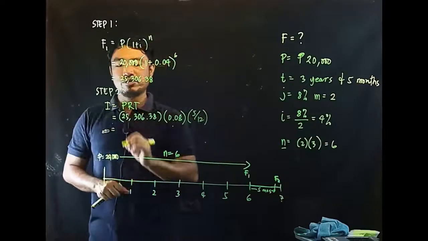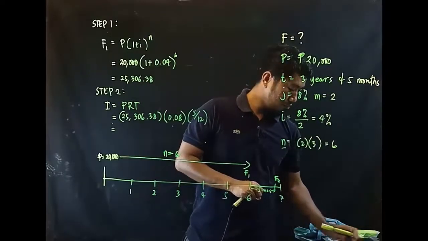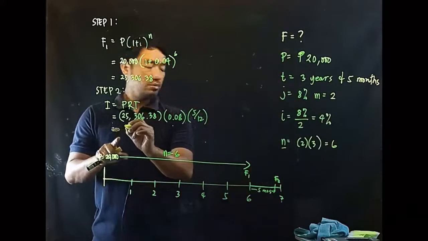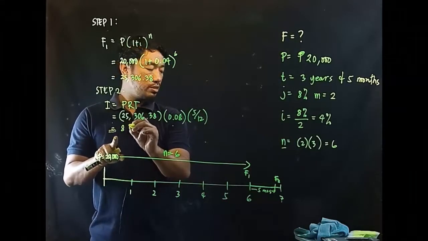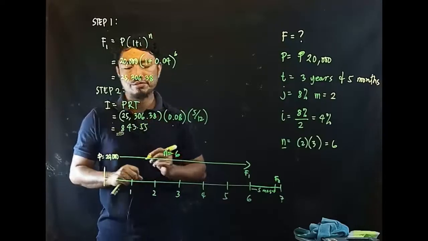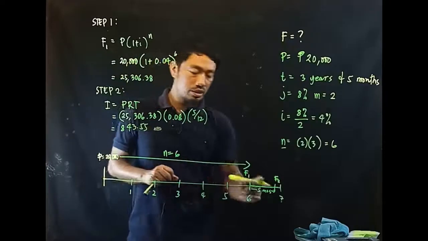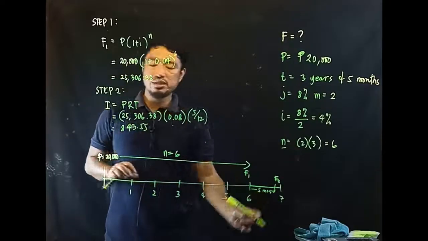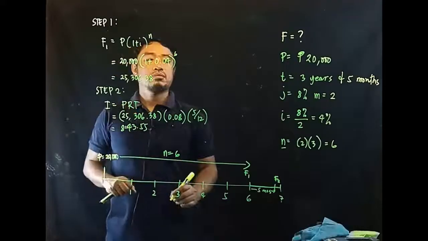This is equivalent to 843.55. So the interest earned for the remaining 5 months is 843.55.